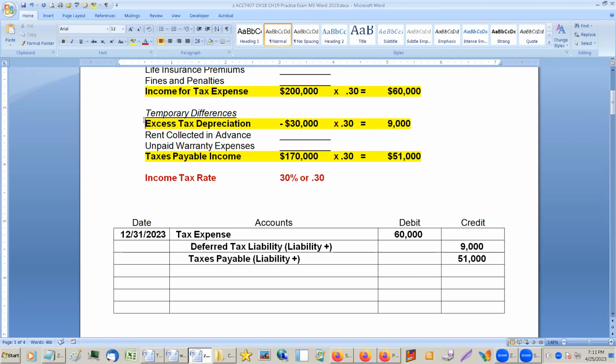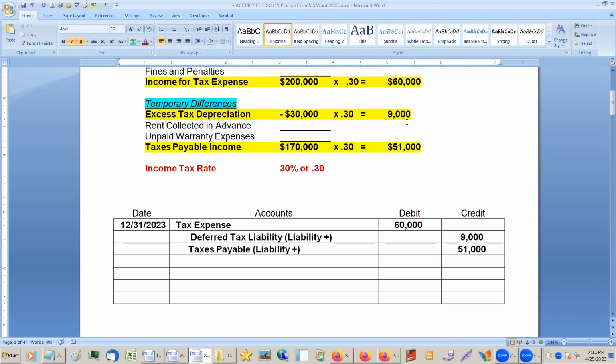When this depreciation, these temporary differences reverse out, at some point we're going to have to pay off this 9,000. Not this year, we only owe 51,000, but in the future, it's going to reverse back out.